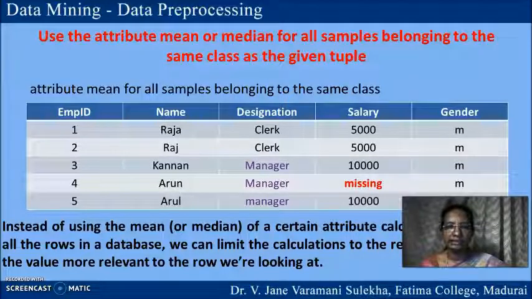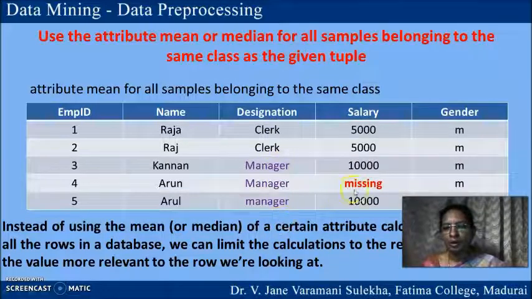The next method is use the attribute mean or median for all samples belonging to the same class as the given tuple. That is, instead of using the mean of a certain attribute calculated by looking at all the rows in the database, we can limit the calculation to the relevant class to make the value more relevant to the rows we are looking at. Here in the table, we have 5 records; the first 2 records belong to the designation clerk and the last 3 records belong to the designation manager.